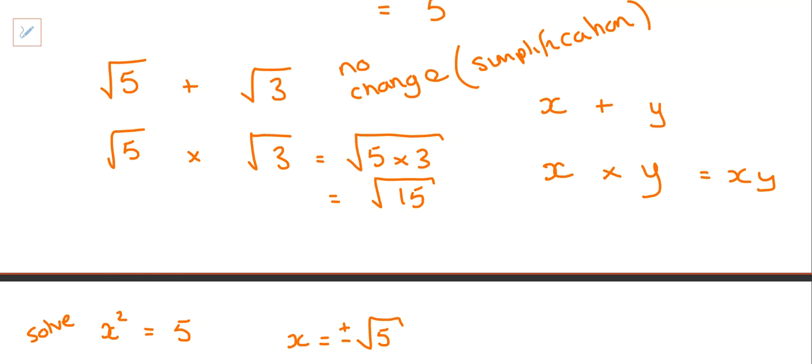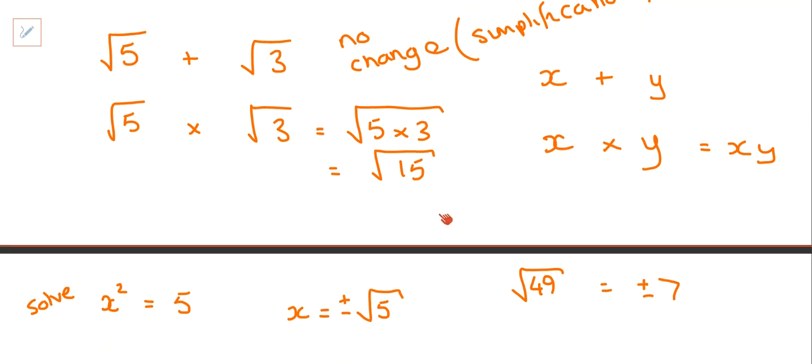If we're doing root 49, what's root 49? Root 49 is 7. But is it plus or minus 7? This would be plus or minus 7, yeah. So it can be in the root and without the root? No, you can't have a negative in the root.